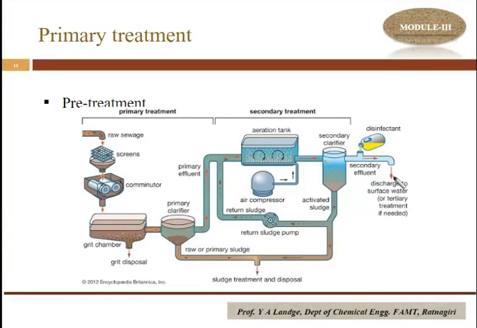But if it is for drinking or for boiler use, then we need to go for the tertiary treatment, because after the secondary clarifier certain dissolved and suspended solids are still present, and those can be removed with the help of the tertiary treatment. In the tertiary stage we might have membrane filtration or the reverse osmosis process.